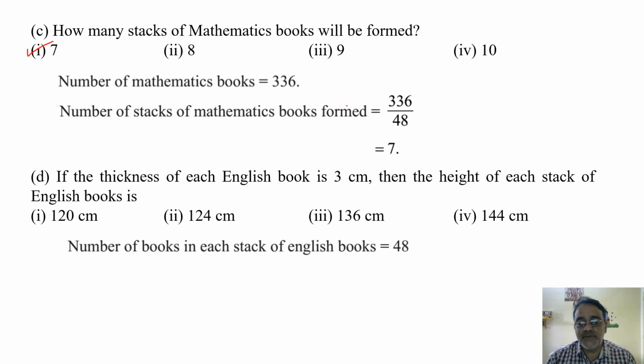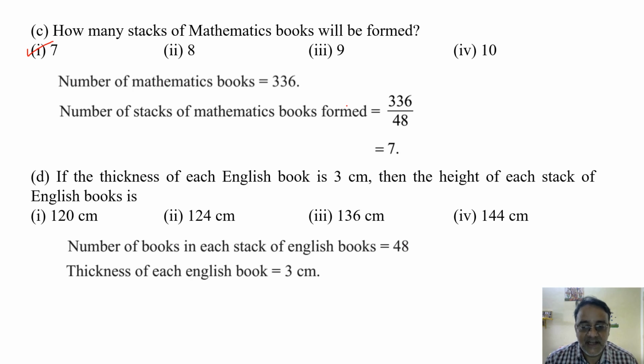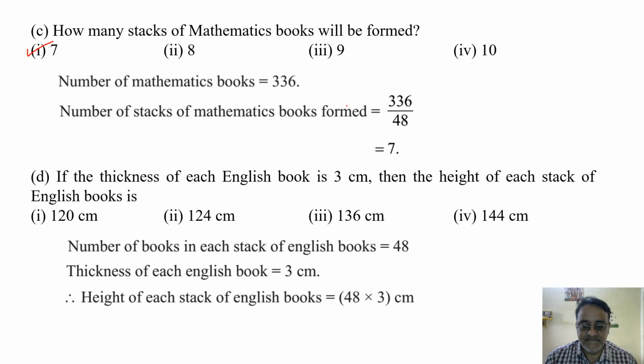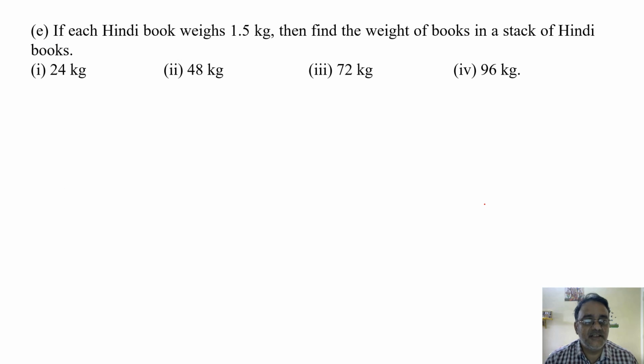The total thickness means the total height, the height of each stack of English books is 48 into 3. So 144 centimeter. And the correct option is the fourth one.